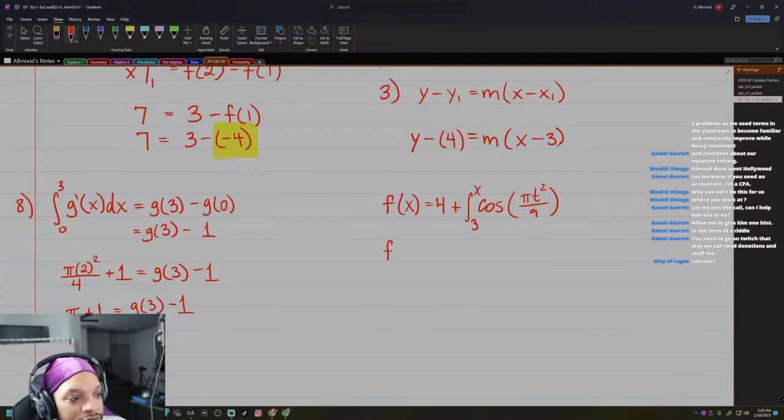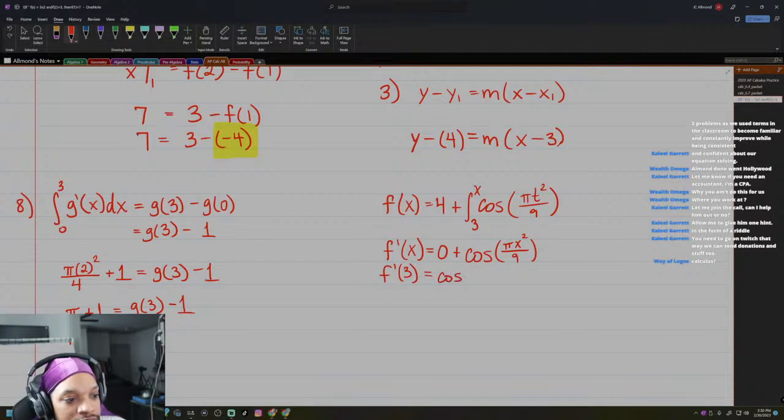Let's see. If I take the derivative of f of x, the derivative of 4 is just 0, plus the derivative of an integral is just the cosine function itself, and we're going to replace a t with an x. So that right there is our f prime of x, but we're trying to evaluate it when x is 3.